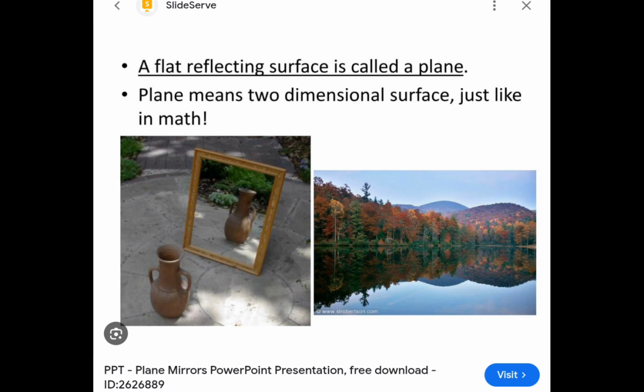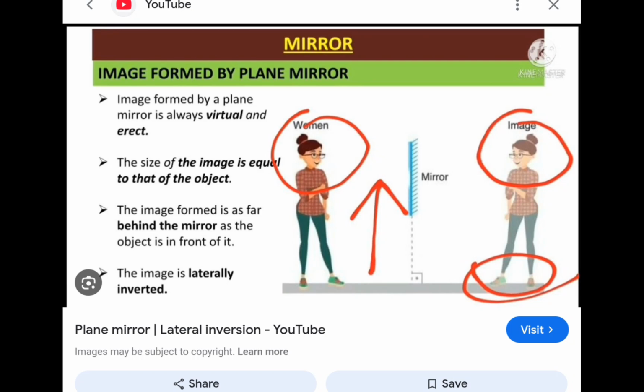Okay, next picture. So friends, understand this picture. You will definitely get 1 mark in every exam. Image formed by plane mirror. Firstly, it is virtual, which we can see, but we can't touch.